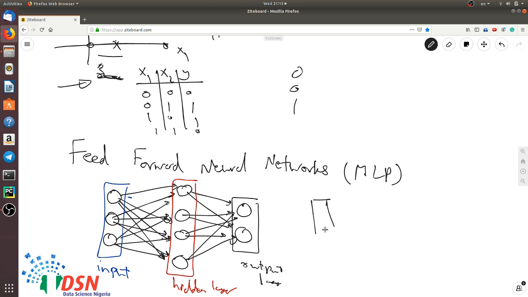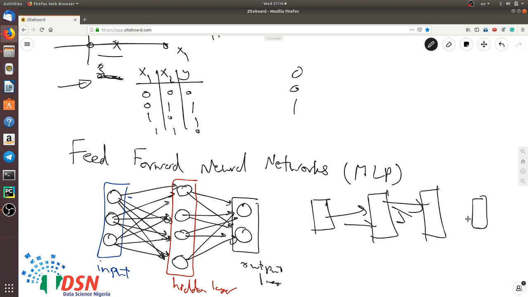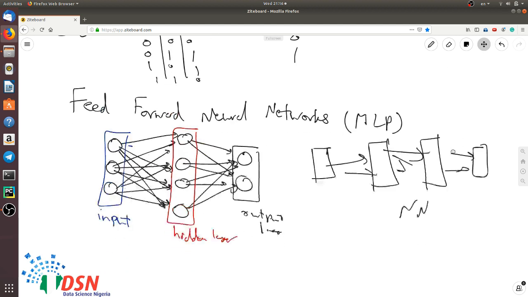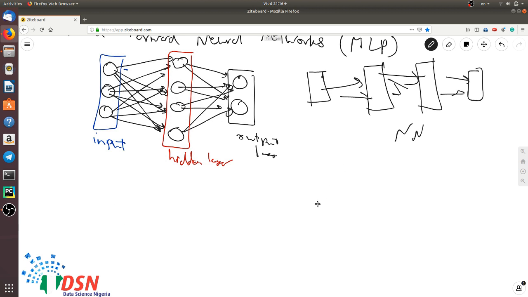Let's say this is the input layer, we have a hidden layer here and a hidden layer here, and then the output layer. So this is a three-layer neural network, or two hidden layer neural network. As you could see in here, because we connect each neuron to all of the next layer units, we call these fully connected layers.